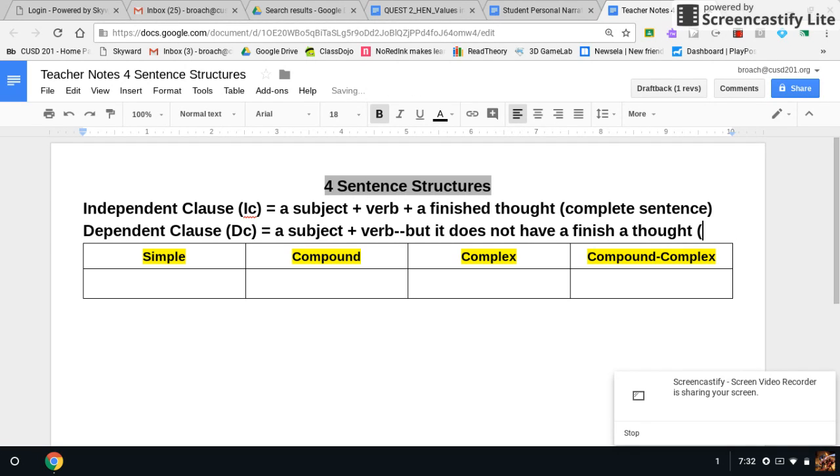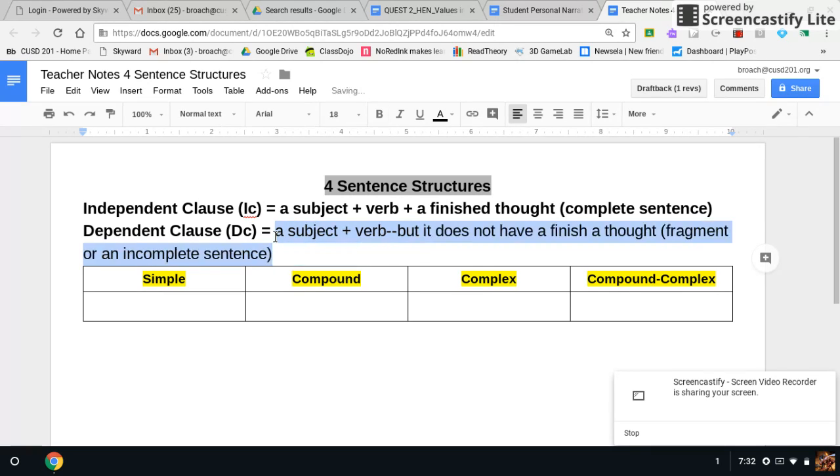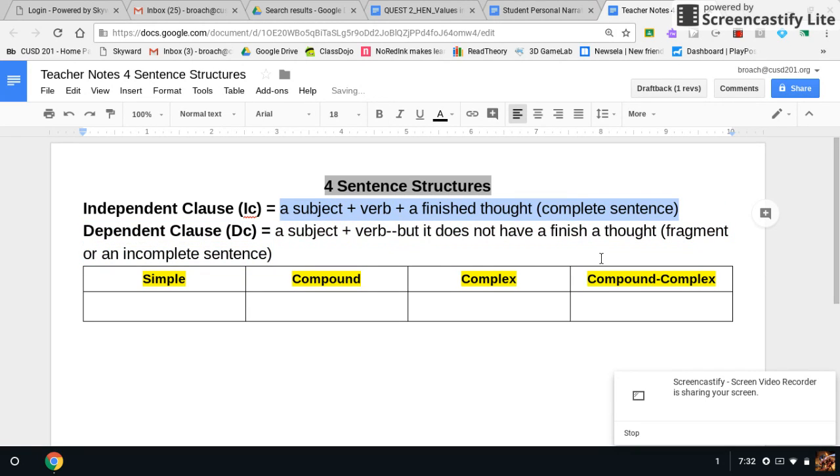Okay? So it's what you might call a fragment or an incomplete sentence. Okay? So those are two notes you need to know ahead of time. So we'll put them at the top. That way you can refer to them throughout this lesson if you need to.